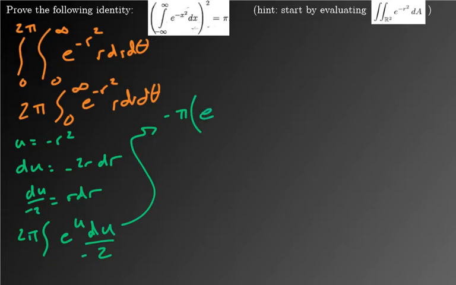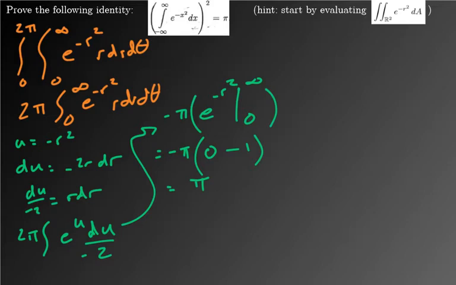So I have e to the u, which is negative r squared, and I evaluate that from 0 to infinity. And so I get negative pi, and then e to the negative infinity is 0, minus e to the 0, which is 1. So this thing is pi, right?